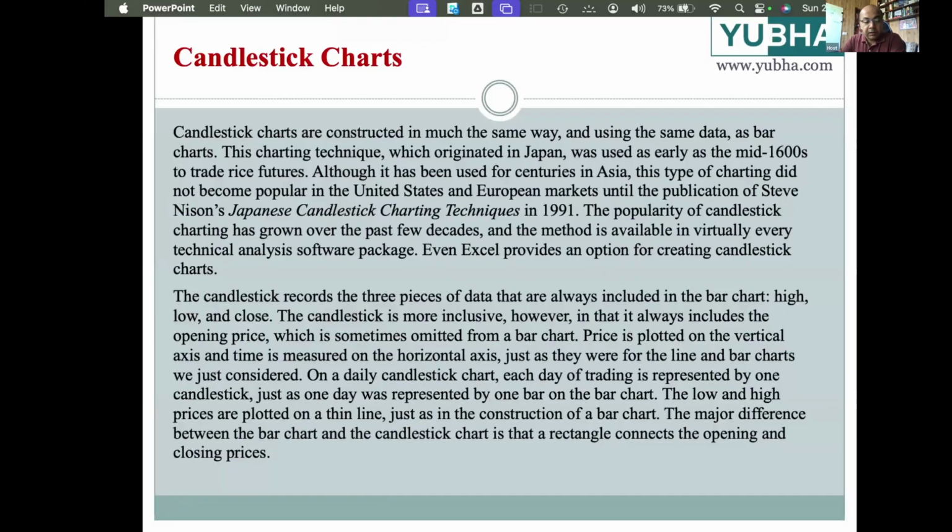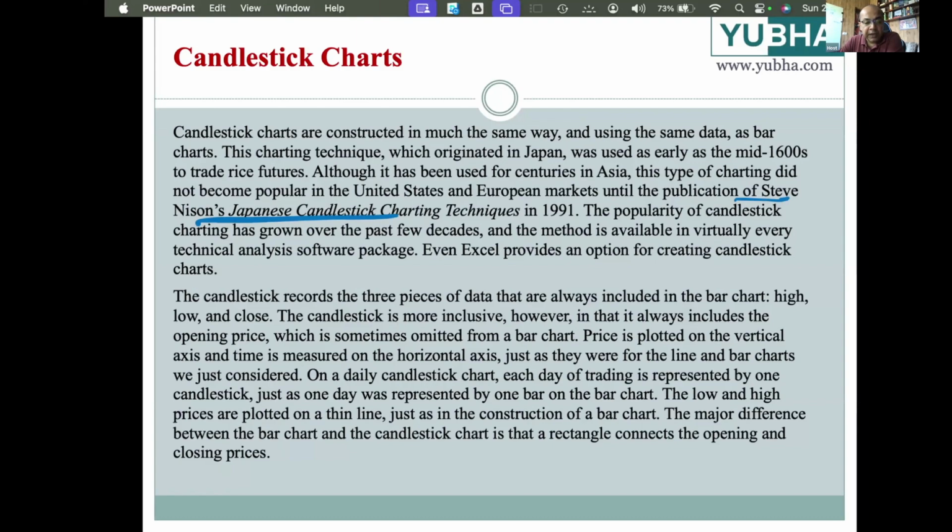Okay. So candlestick charts are very similar to bar charts in a lot of respects. The difference is that the bar chart is really a very Western concept, and it was typically popularized in the Western countries till the time Steve Nison published something called Japanese Candlestick Charting Techniques in 1991.